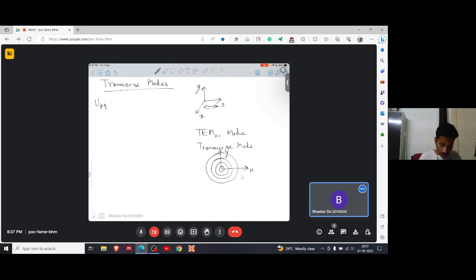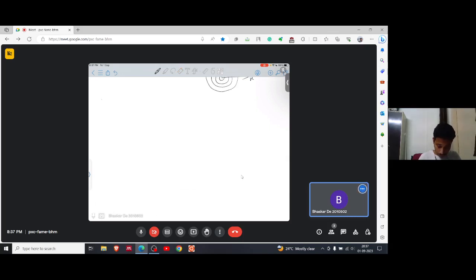U_pq(x,y) equals H_p(root 2 x by w) H_q(root 2 y by w) e to the power minus (x square plus y square) by w square.